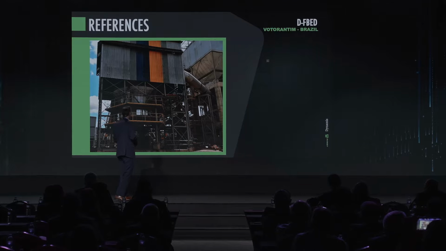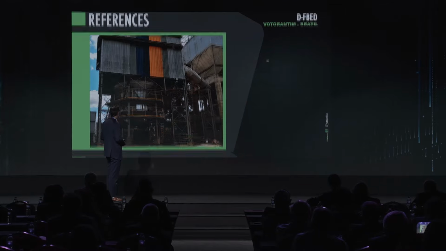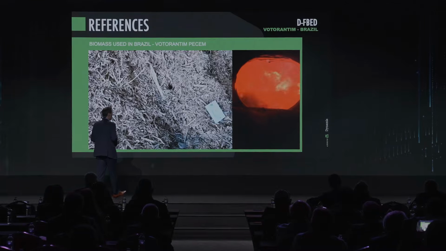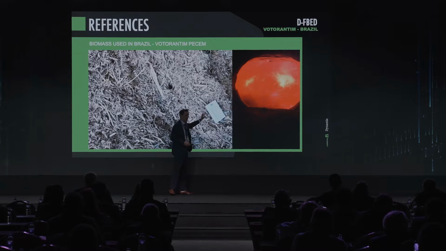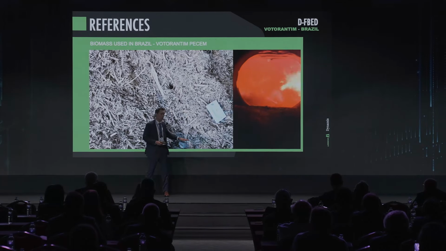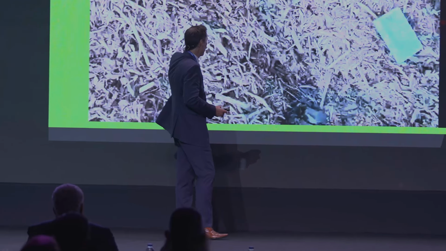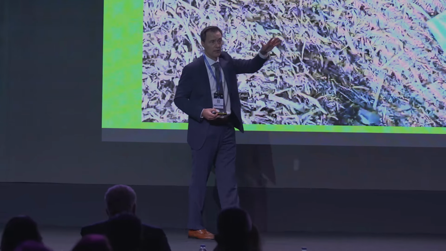So this is the equipment, and this is the biomass. The size of this book is 200 millimeters, more or less. So on average, you can see that the biomass is more than 100 millimeters in size, right?